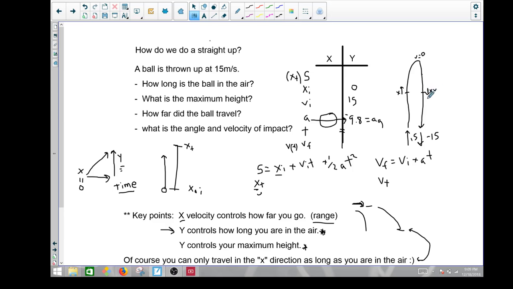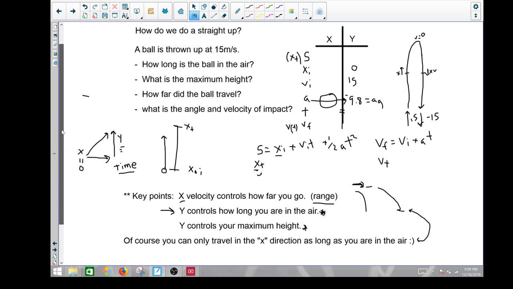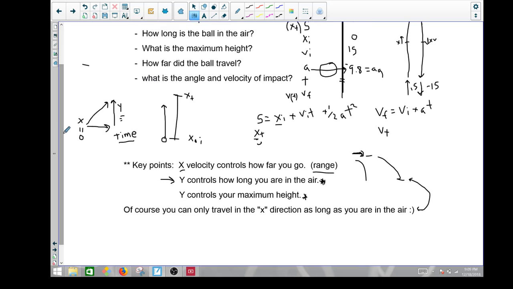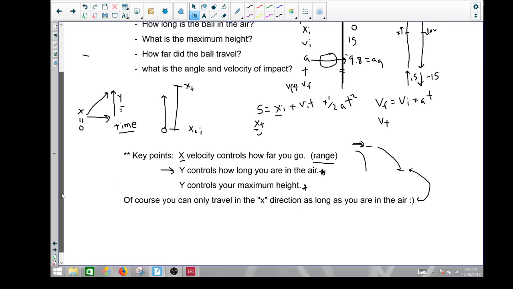Okay, so either way, let's try a couple of problems here just to see how this is working out. First things first, it says, how long am I in the air? This is a common problem that we would almost always look at first. Turns out that in this problem, it's not nearly as needed. We'll figure it out, but let's solve a couple of things here.